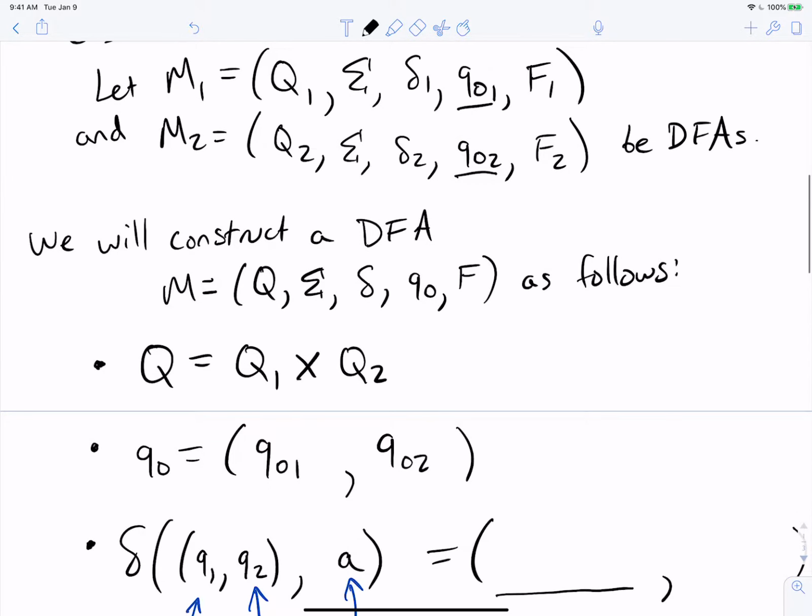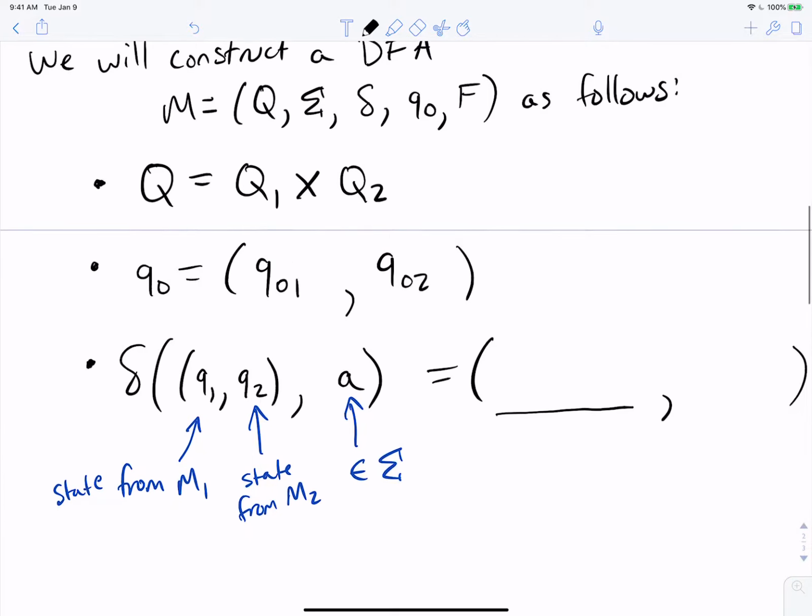Well, how do we figure out what that transition function is? Well, we look at the definition of M1 and we see, delta 1 is the transition function for the first machine. So delta 1 of something, but every transition function takes one state and an input. What is the state for the first machine that we need to feed into here?